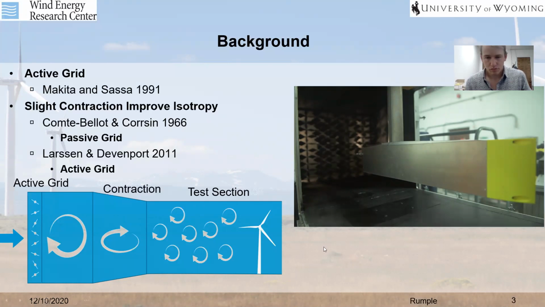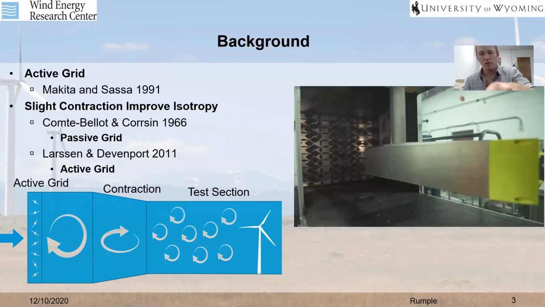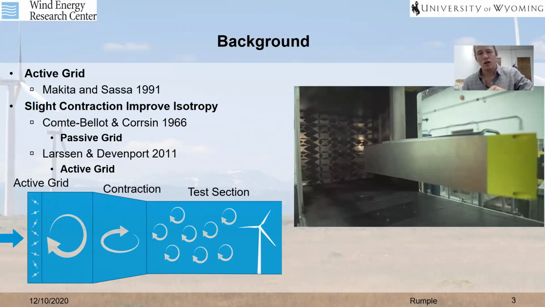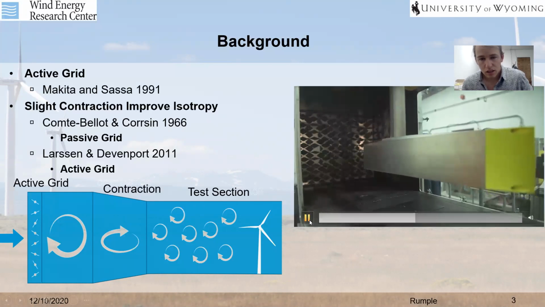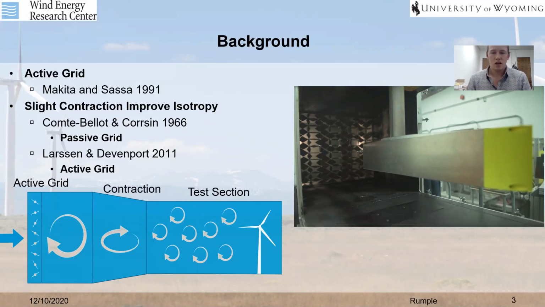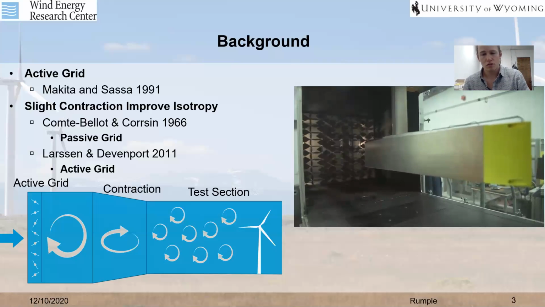And so this is looking through the test section up into where our active grid is placed, and you can see, if I pause it quickly, that each adjacent row is essentially out of phase with each other. This is a mode that we would call a constant blockage mode, and it's all driven, in this case, at 1 Hertz frequency.